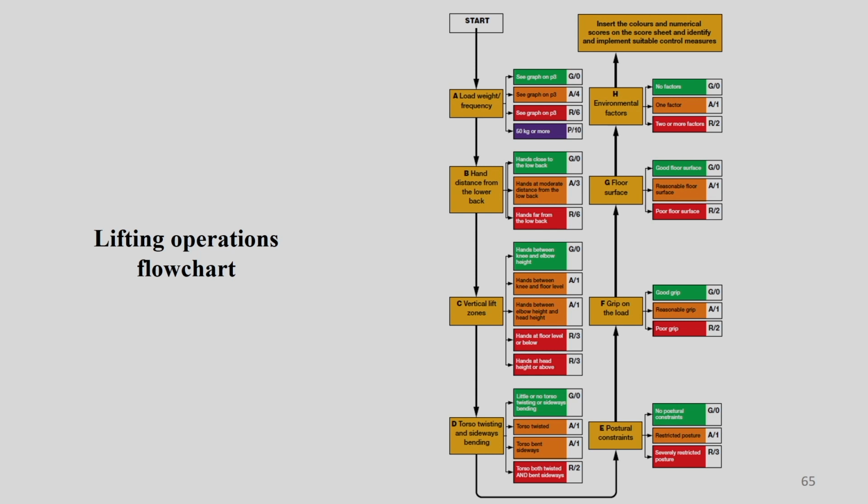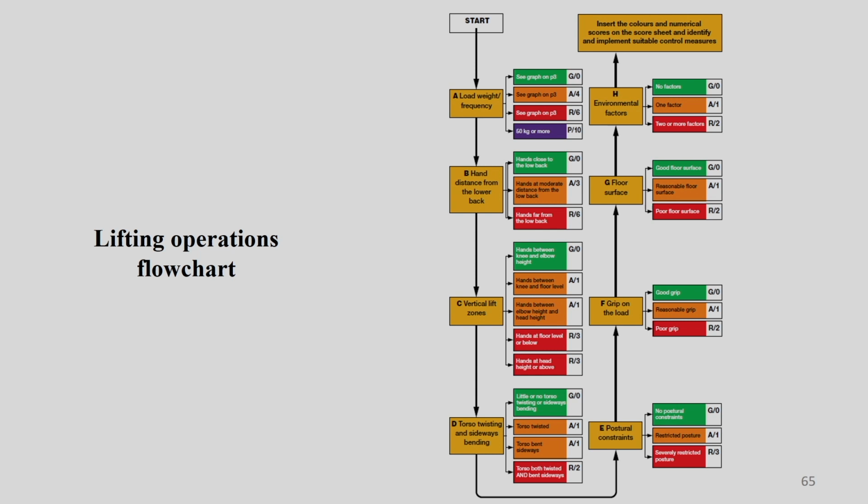So in total we are going to get 8 answers, and from these 8 answers we have some flags: green flags, amber flags, red flags and purple flags. Using those flags, we are going to get an understanding of how risky this job is and what the causal factor of that particular risk is.